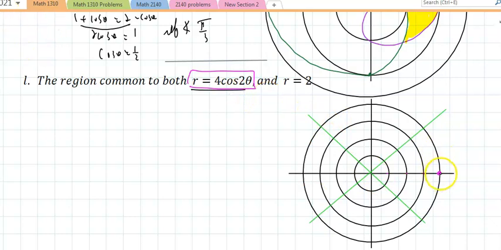At 0, I am at 4. At pi over 4, that's going to be 0. So pretty much that's how the graph looks. This is a four-leaf graph, 2 pi over 4 apart. This time there is no square, so it's all 4 pieces.